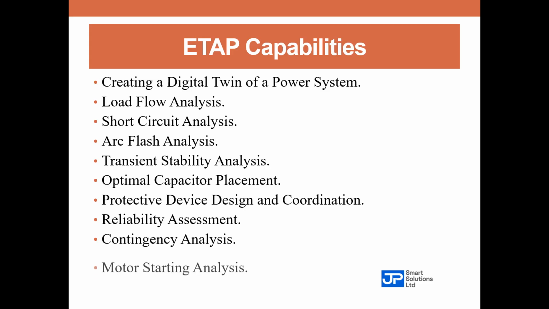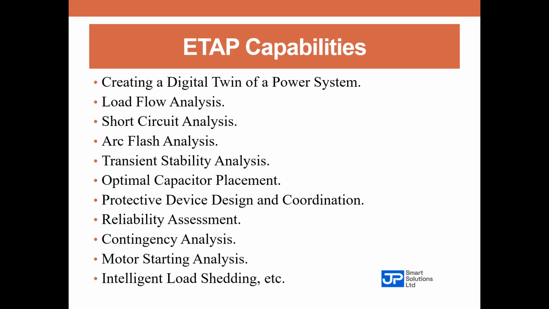Now, we can also carry out motor starting analysis in this software, but it is not limited to that. We can still carry out intelligent load shedding and much more using this software. So, for the benefit of joining today, we are going to be exploring the first capability, which is creating a digital twin of a power system.